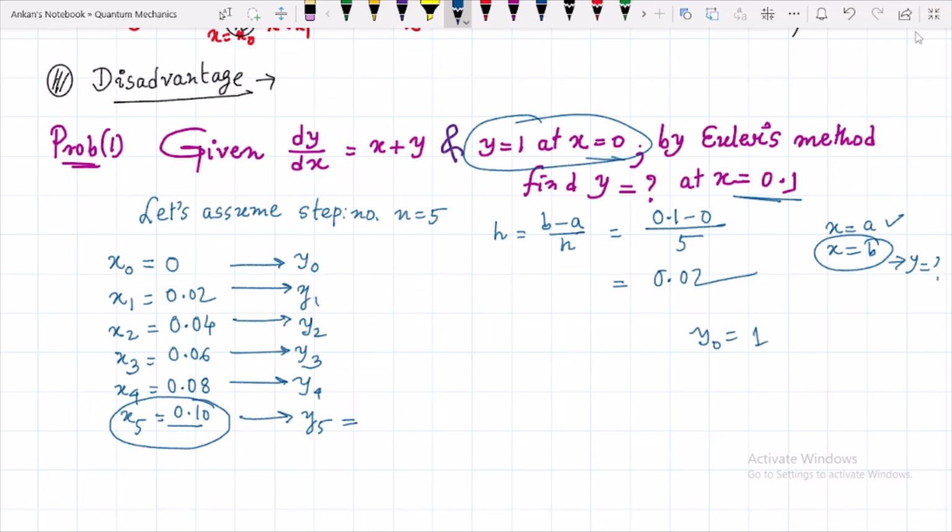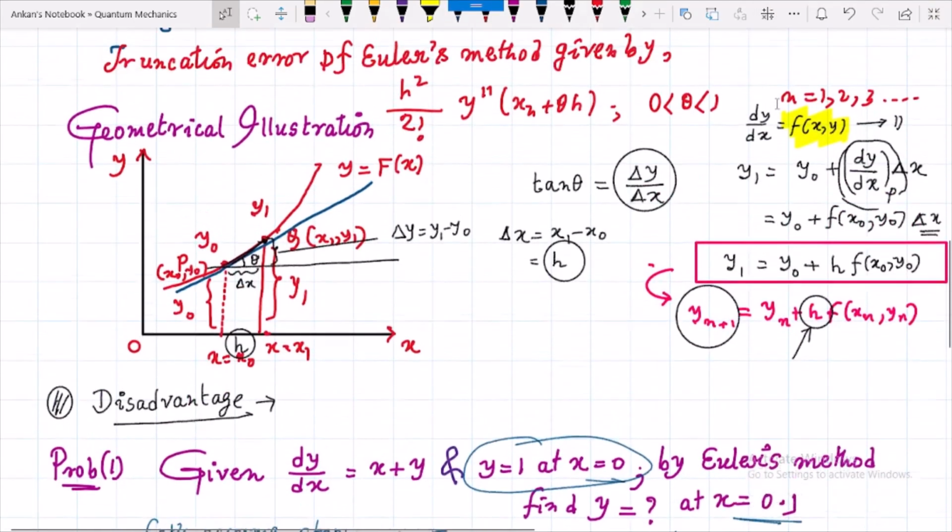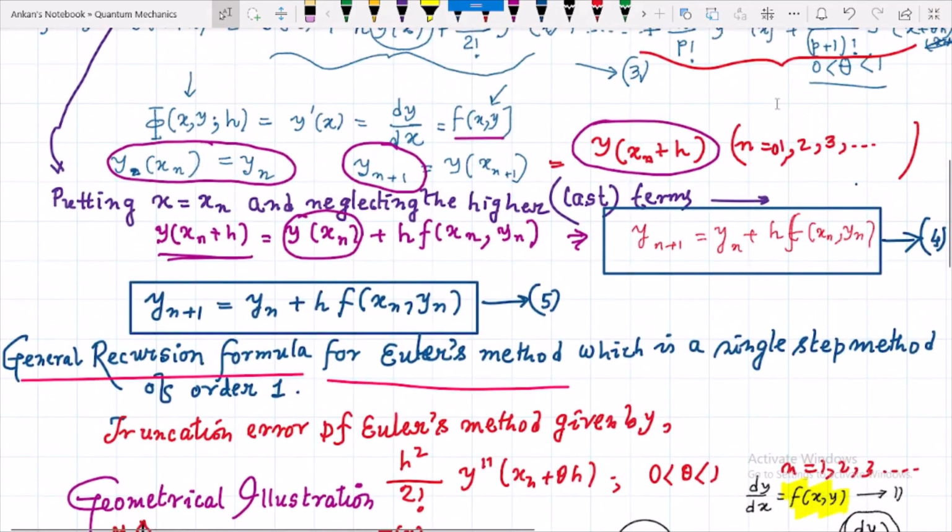And y1 will be given by y0 plus... Here n equal to 0 is excluded, but you must have the given condition y0, otherwise you cannot solve for that.